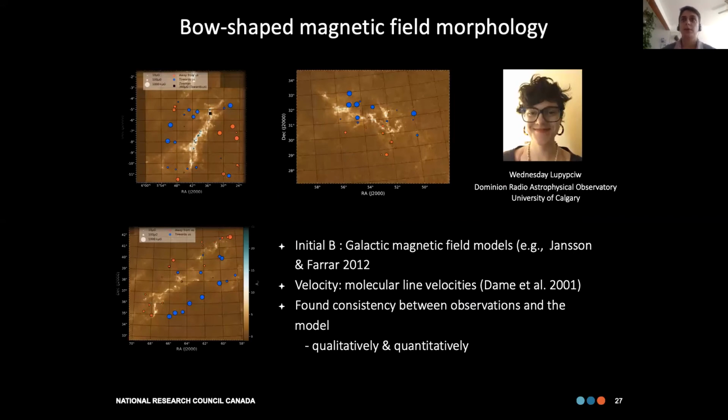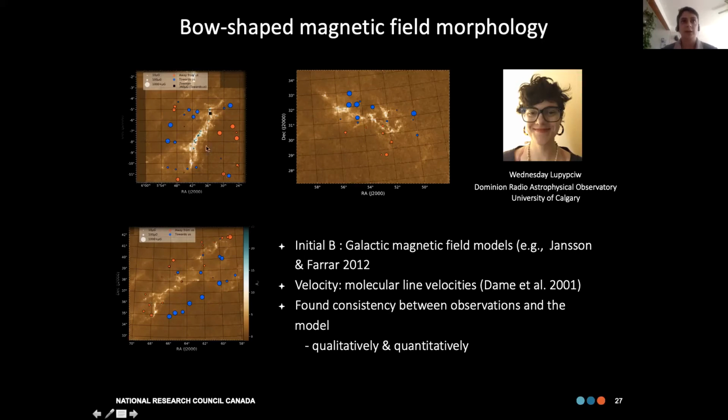So with my co-op student, Wednesday Lupipchu at the Dominion Radio Astrophysical Observatory, who is doing her undergraduate studies at the University of Calgary, we decided to look at these three clouds, Orion-A, California, and Perseus.